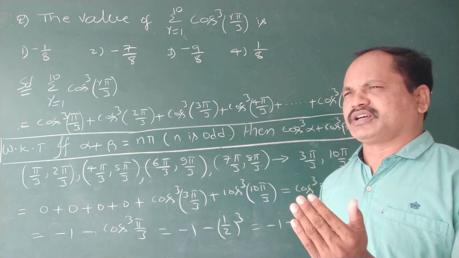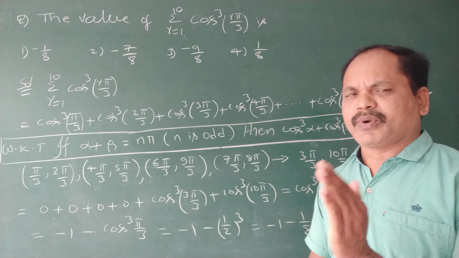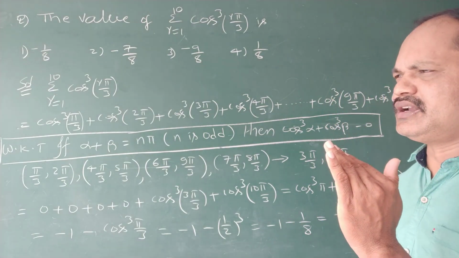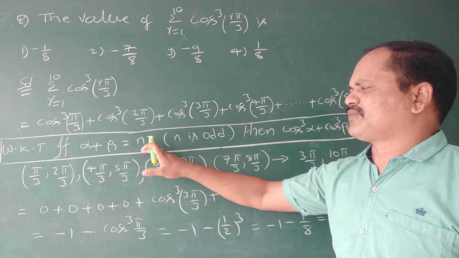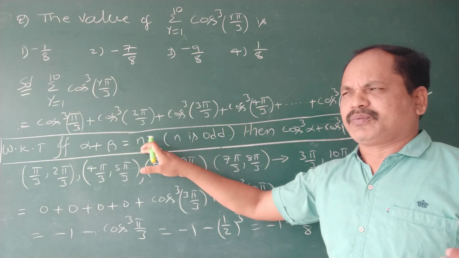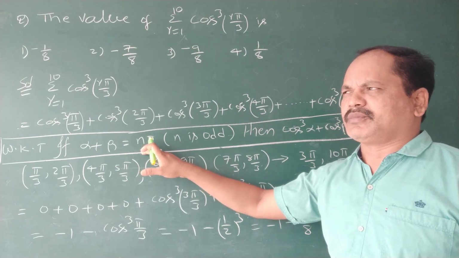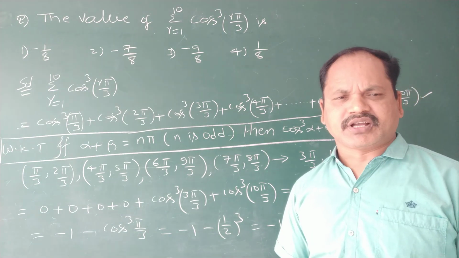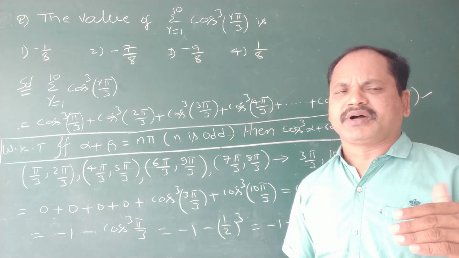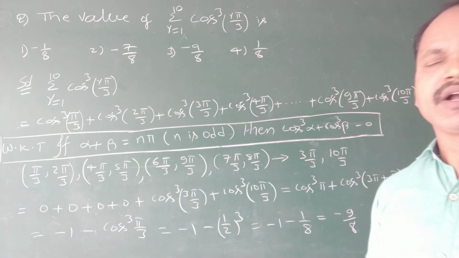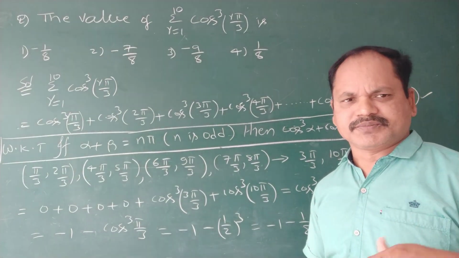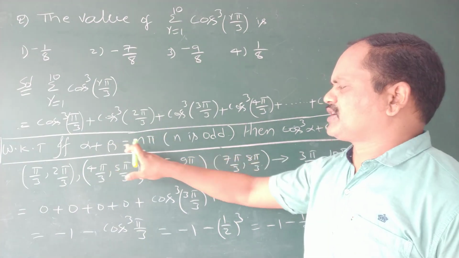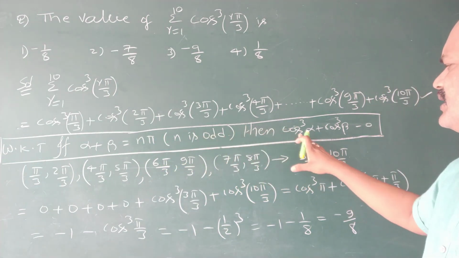If alpha plus beta is equal to pi, 3 pi, 5 pi, 7 pi, 9 pi, that means odd multiples of pi, then cos alpha plus cos beta is 0, cos cube alpha plus cos cube beta is 0, cos power 5 alpha plus cos power 5 beta is 0, cos power 7 alpha plus cos power 7 beta is 0, like that. That's why here, if alpha plus beta is an odd multiple of pi, then cos cube alpha plus cos cube beta is 0.